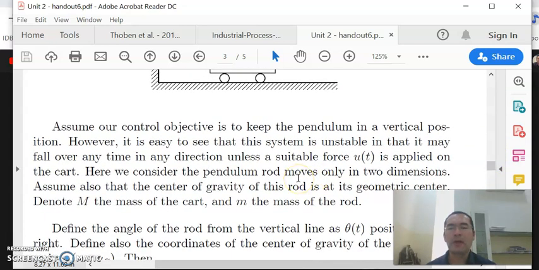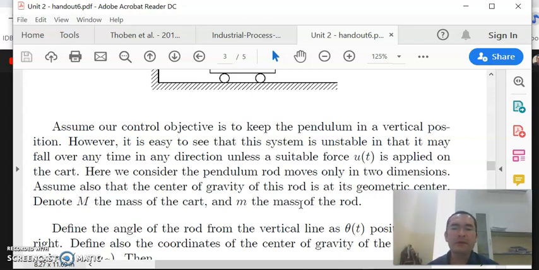So assume that our control objective is to keep the pendulum in vertical position. However, you can see that the system is unstable because it may fall over any time in any direction unless a suitable force U is applied on the cart.